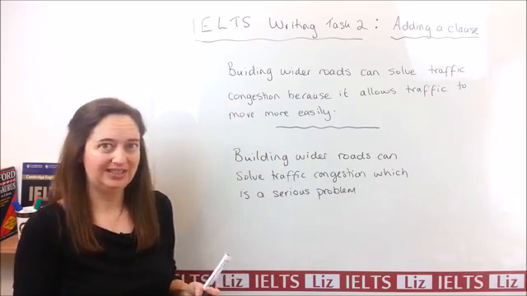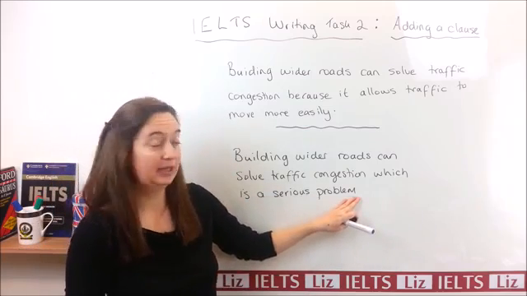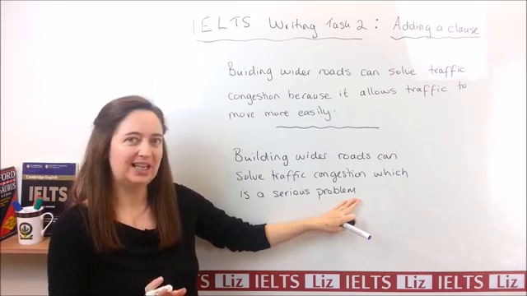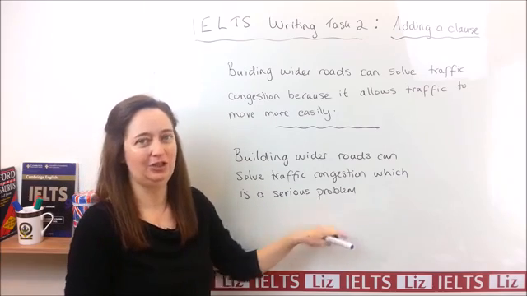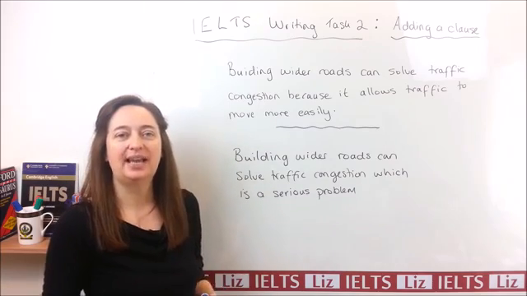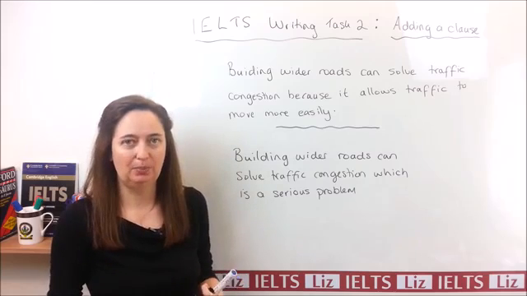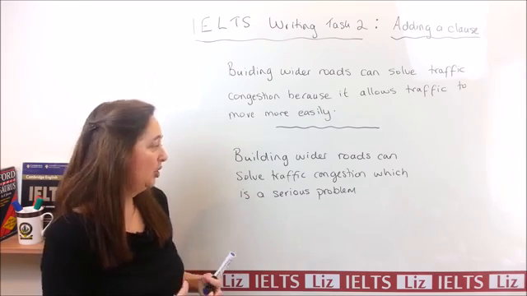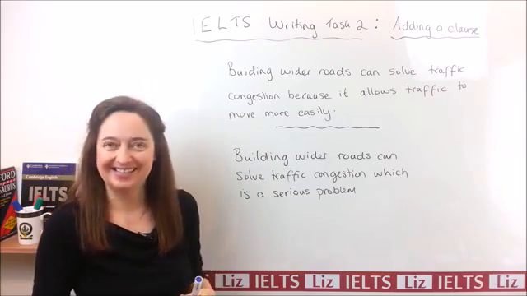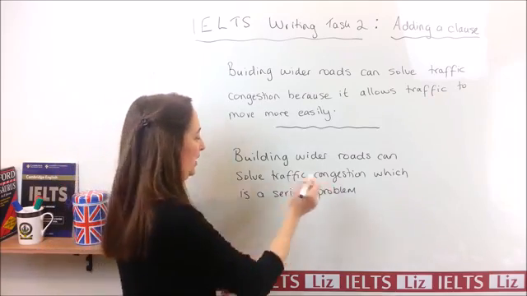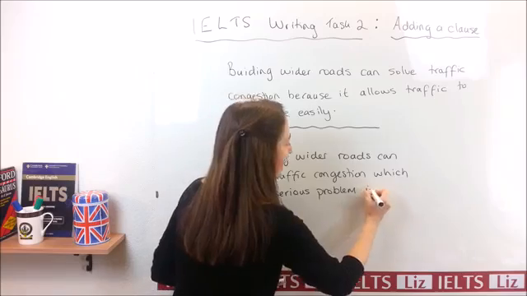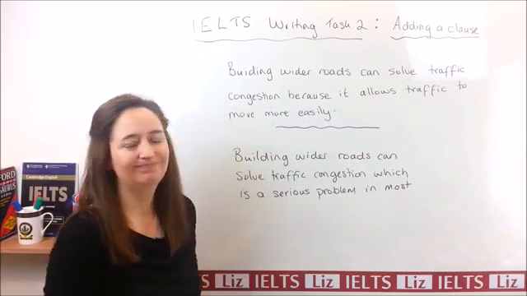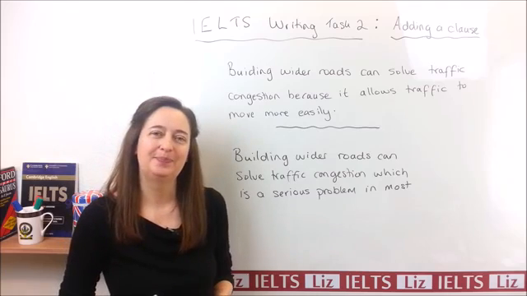If I wanted, I could stop my clause here. That's still good. But for this, I want to add more information. And I want to say where this problem is. Where is the traffic congestion? And usually the traffic congestion is in cities. So which is a serious problem in most... Now tell me something.